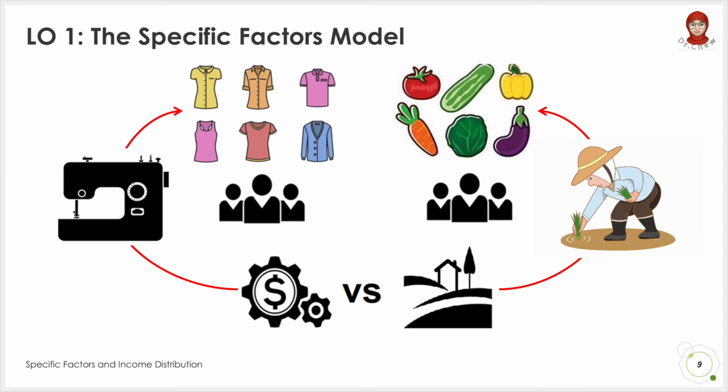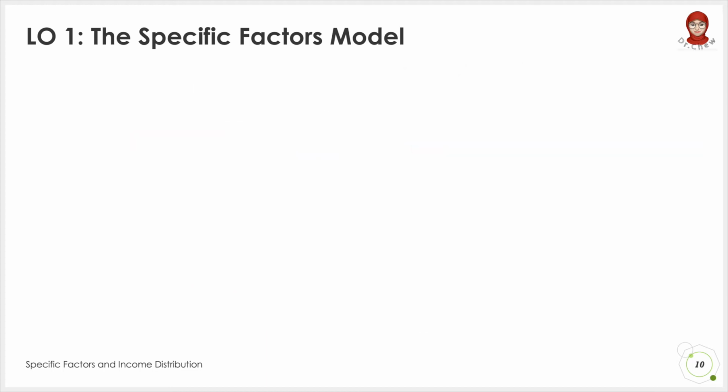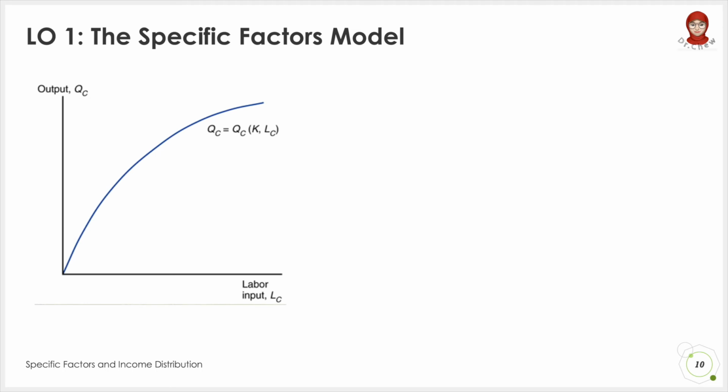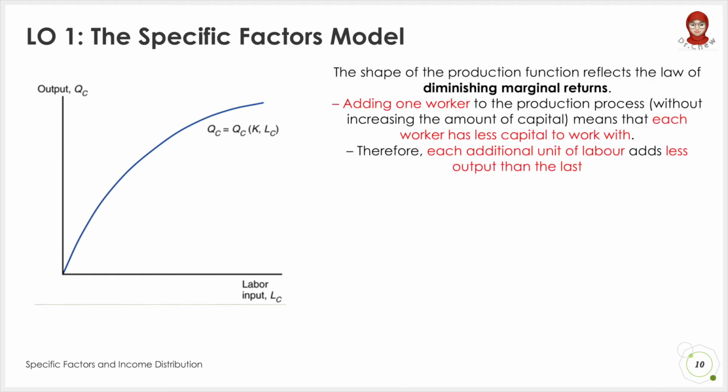We understand how the specific factors model works based on the four assumptions, and let's see when it is put into the production possibility frontier. This is the PPF for cloth. Simply said, the more labor employed, the larger the production output. But as a result of diminishing returns, any additional labor will produce less output than before.